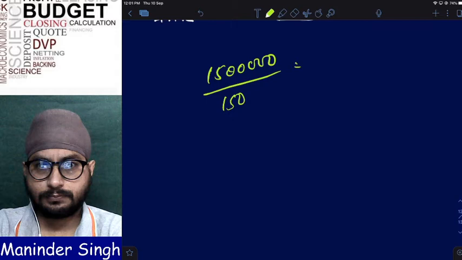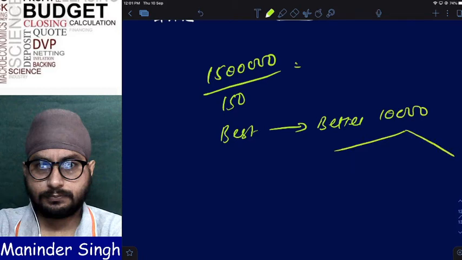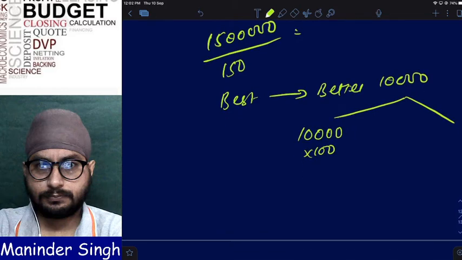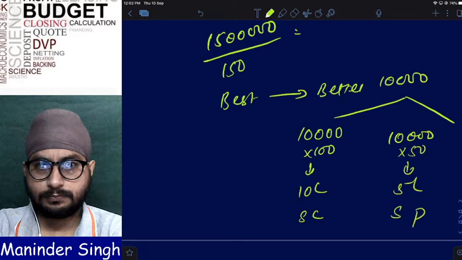Best is going to issue to Better 10,000 shares. 10,000 shares into 100 face value, 10 lakhs, will go to share capital. And 10,000 shares into 50 rupees extra, 5 lakhs, will go to securities premium. Correct or not?